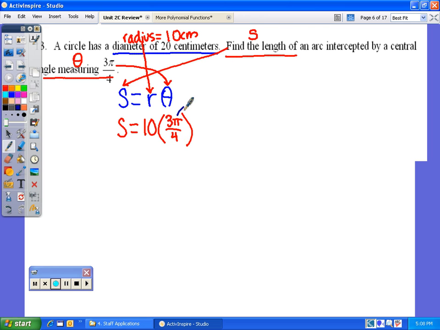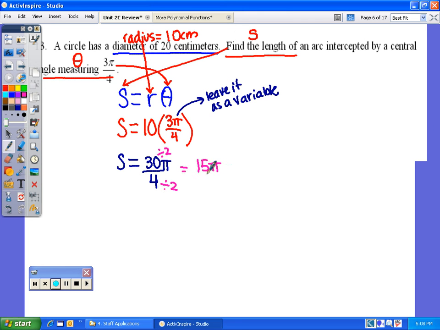Now you're going to leave pi alone, and you're going to leave it as a variable. Only change it using the pi button if it says round to the nearest tenth, or if your answer has already been given to you out of pi form. So now we'll just work it out. 10 times 3 is 30 over 4 pi. Now since they both can be reduced by 2, the final answer is 15 pi over 2.